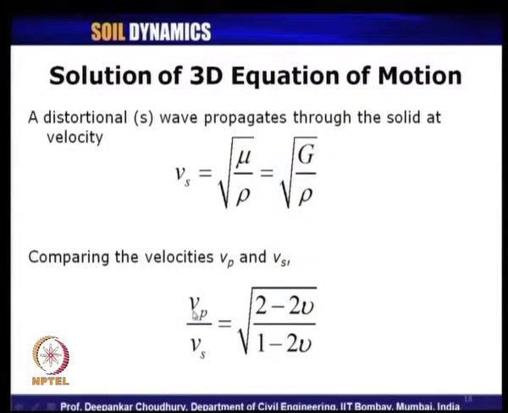So, we measure the value of V s, but we hardly measure the value of V p. What we do? If we can determine the value of the Poisson's ratio of the soil, then using this simplified expression, we can easily obtain the value of V p in that soil media. So, that is why this equation is very much of use in practice.